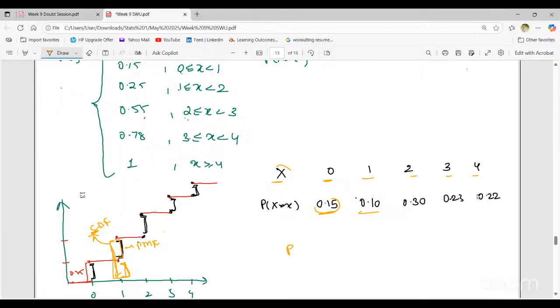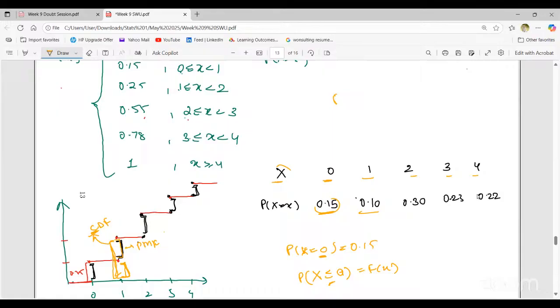So for X equals 0, I have the probability 0.15, for a particular value of 0. What is CDF? The probability that X is less than some value, not particularly less than, but less than or equal to. In that, we are adding all the previous values.